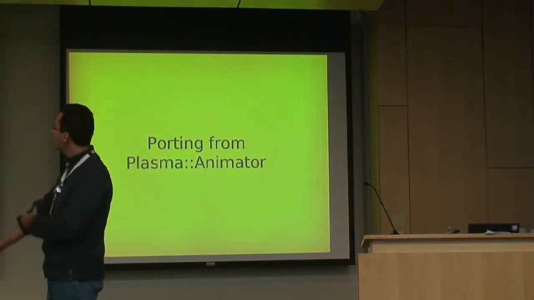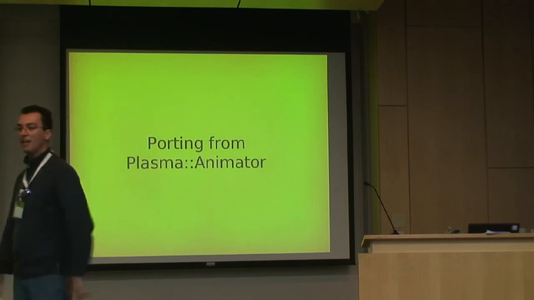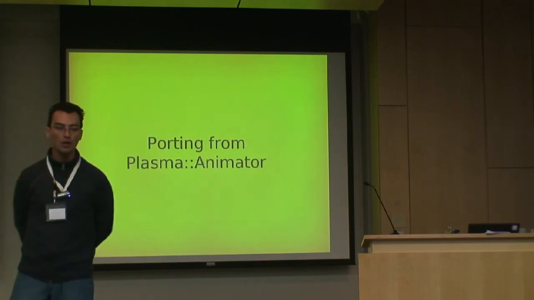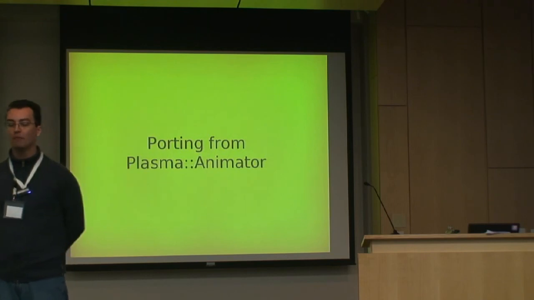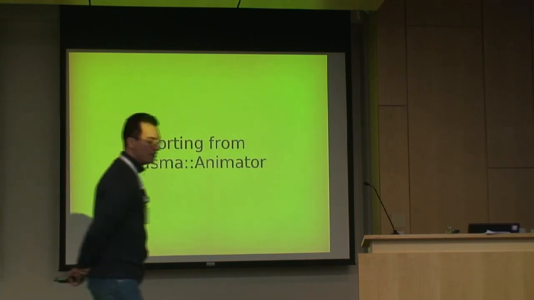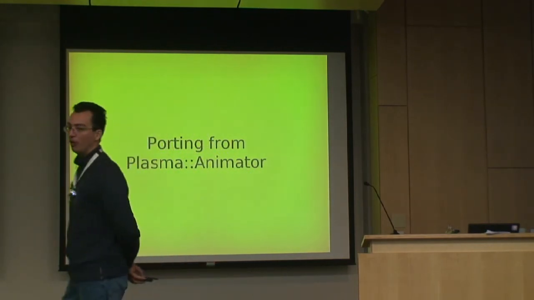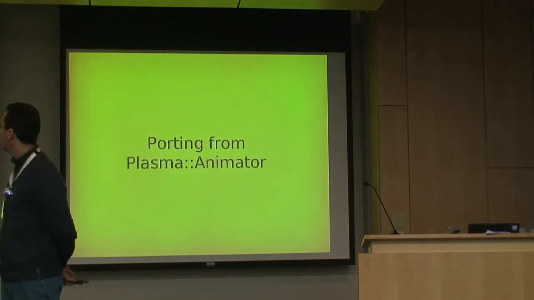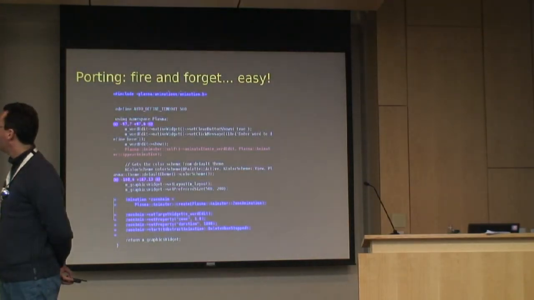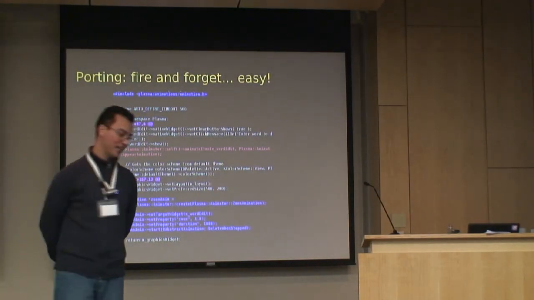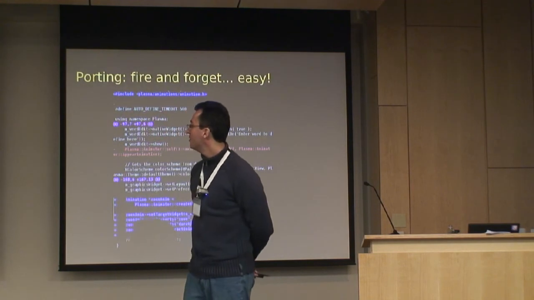How to port from Plasma Animator to the new classes? Actually, that depends on what you have been using Plasma Animator for. So I will give you an example. Oh, source code again. Oh, scary. This is a diff.